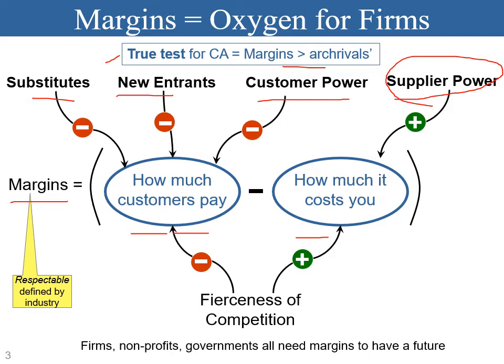So in summary, fiercer competition squeezes margins, and the survival of your company in the fierceness of competition depends on your margin, right? Two major factors that could increase and decrease your margin are what the customer pays, which is your revenue, and product price, which is your cost.